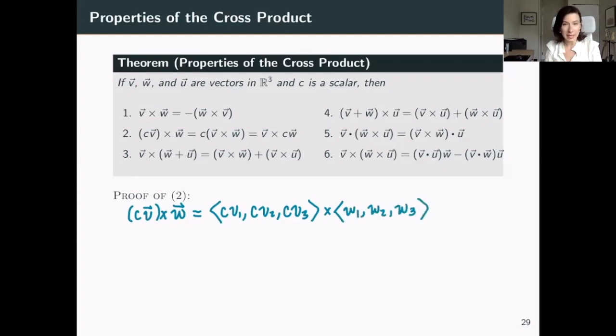We can then write out the definition of the cross product in terms of determinants.